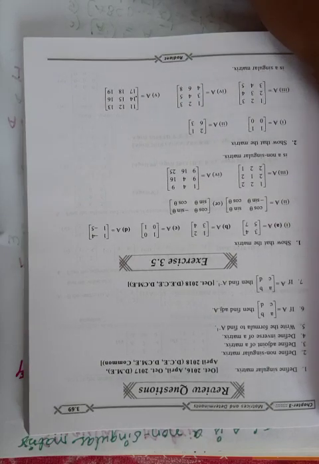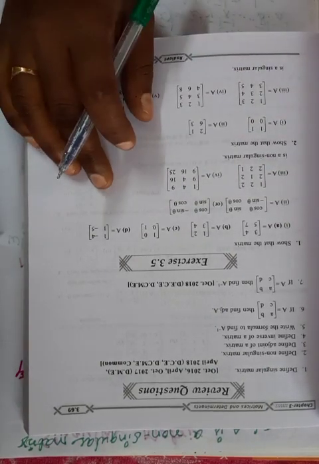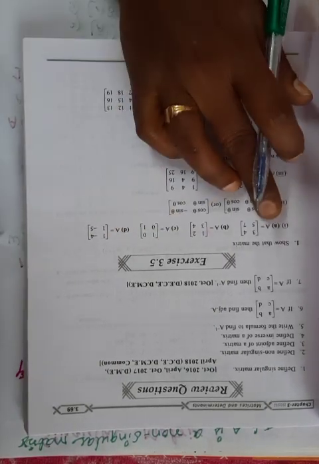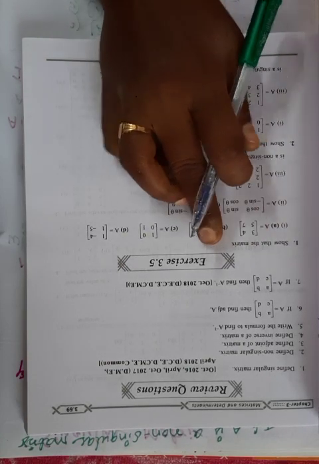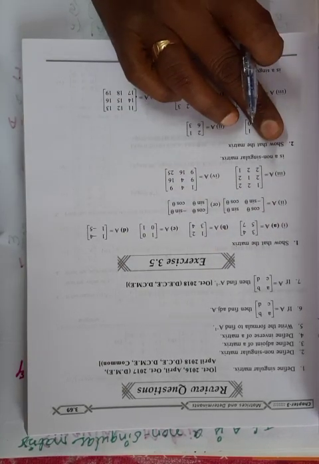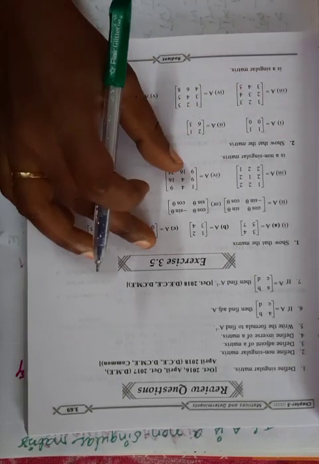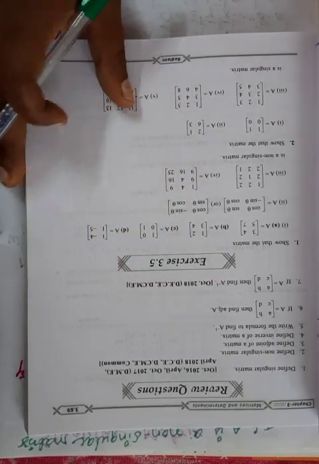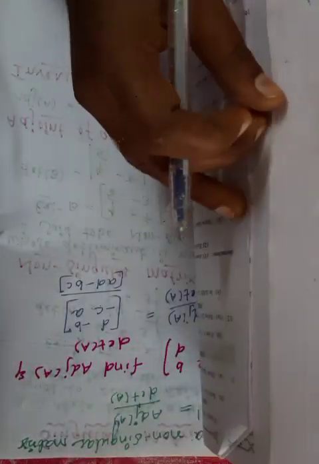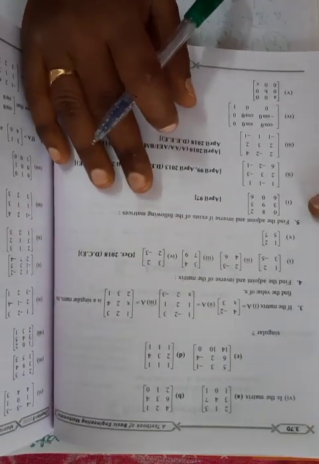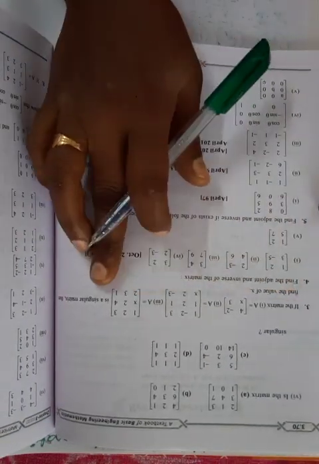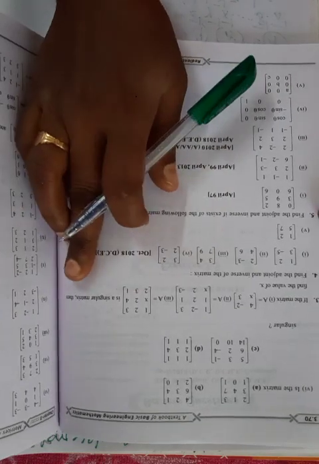Here this is the last exercise in your matrices and determinants chapter, exercise 3.5. Here we have to show that the matrix is a singular or non-singular matrix. Show that the matrix is a singular matrix. Some questions are on singular matrices, some on non-singular matrices. Next, if the matrix is a singular matrix, then find the value of x.